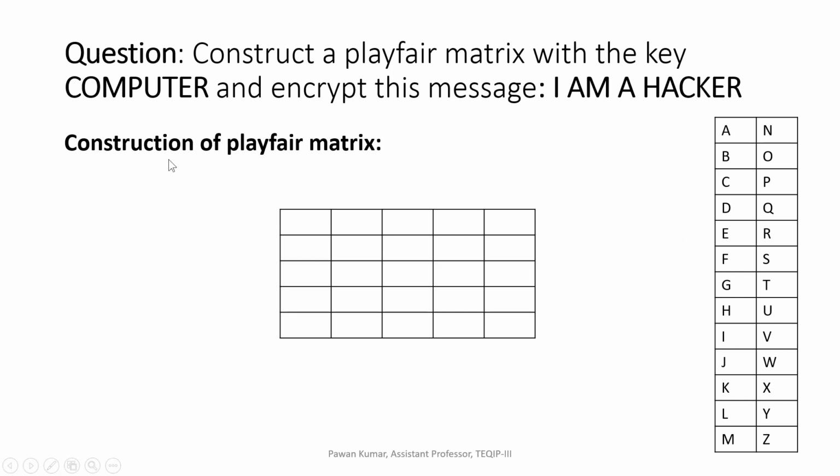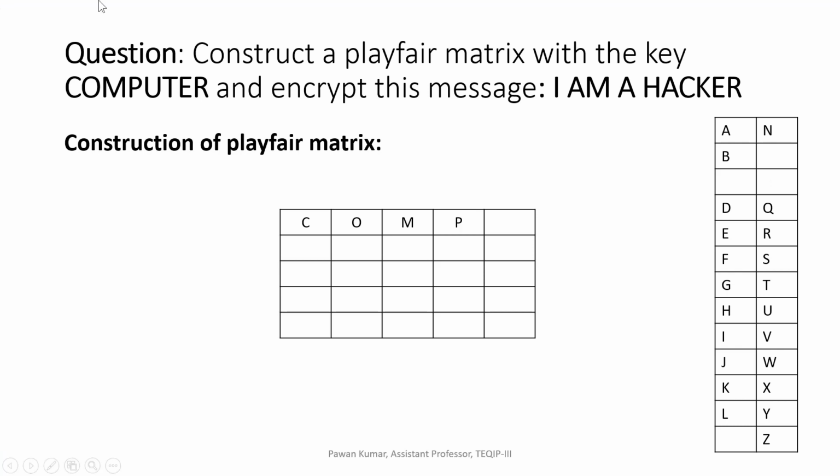First of all I have to start from the keyword, but repetition should not be filled in. The first letter is C, so I fill C, and I delete it from the table because that protects from repetition. Next is O, so I fill O, then next is M, I fill M, and here I have deleted all the letters which are filled in the matrix.